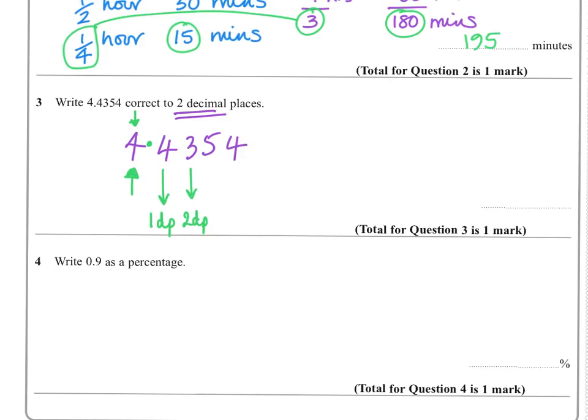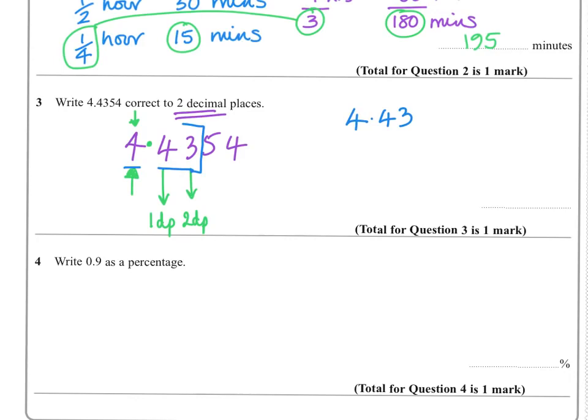So what you're asked to do is really to round this number to 2 decimal places. So you've kind of got a cut-off point here, and you can say that the answer's 4.43, so a lot of people would write that, but unfortunately that would not be the case.